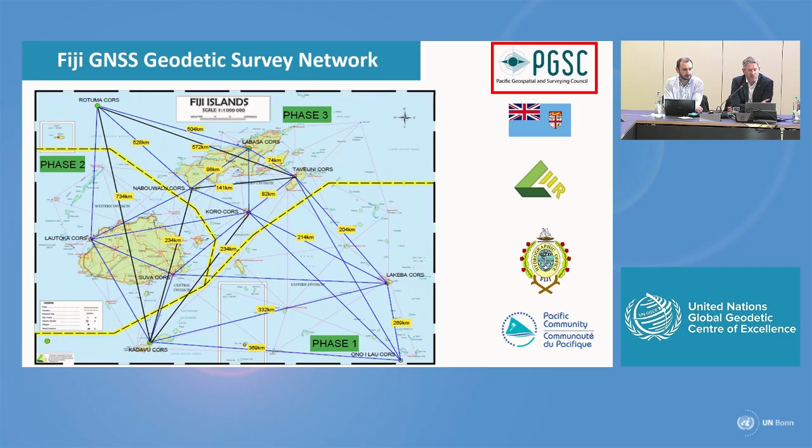So here's an example where, through that aid work, along with the Pacific Geospatial and Surveying Council, it's just like this European group, but it's a group of Pacific surveyors and geodesists who get together and talk about how they can help each other out. This was an example where Fiji used the advice coming out of that council to build 8 new stations within their country and then integrate those into APREF as well.